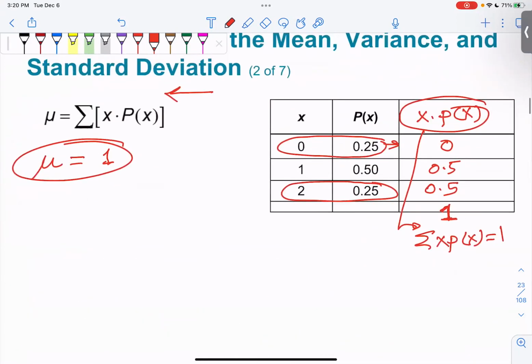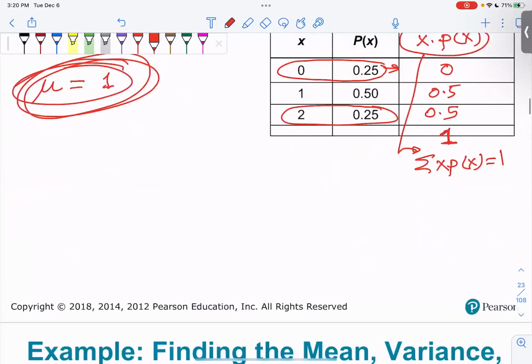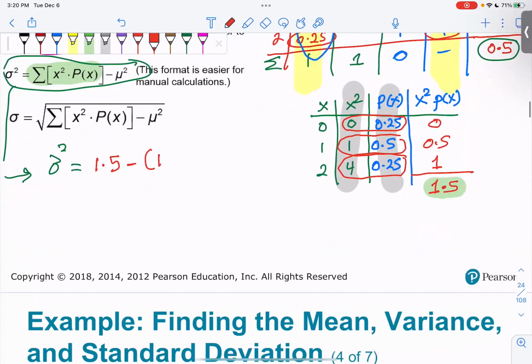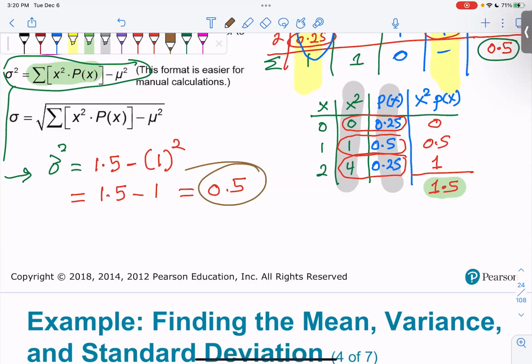We did find it here, right? Mu equals 1. So squared. So 1.5 minus 1 squared equals 1.5 minus 1, which is 0.5. Okay?